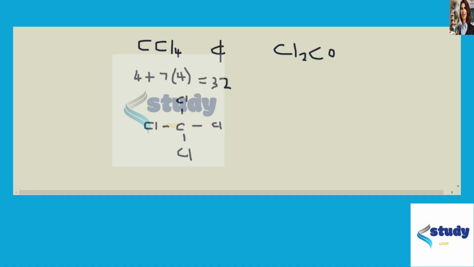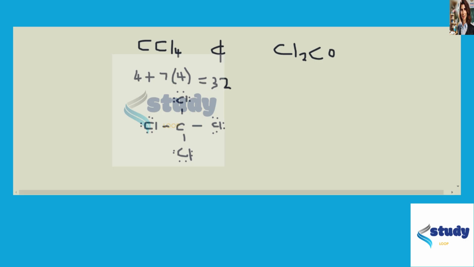Carbon is now stable, and then the next step is to fill the octets for the surrounding atoms. And that is the Lewis structure for carbon tetrachloride.